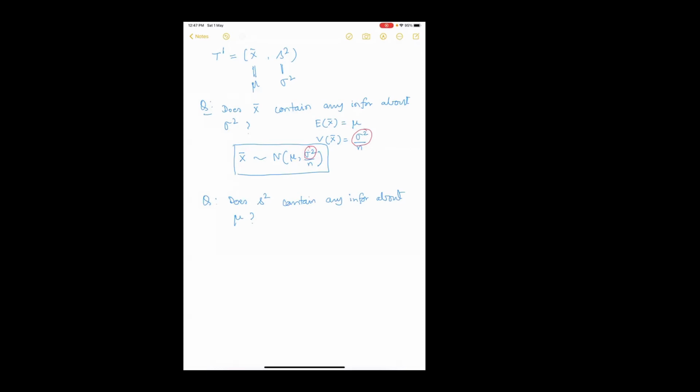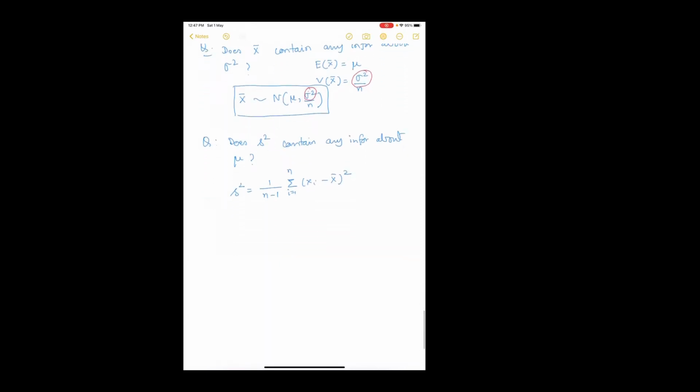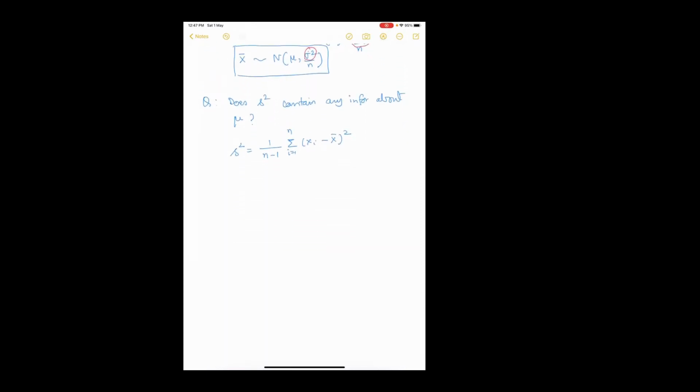So let me take this definition of S square. S square is 1 by n minus 1 summation i equal to 1 to n xi minus x bar whole square. Now one can show that n minus 1 times S square divided by sigma square follows a chi-square distribution with n minus 1 degrees of freedom.